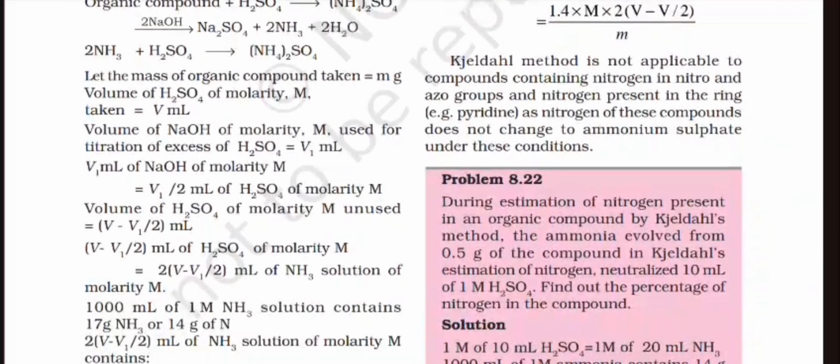V1 ml of NaOH of molarity M is equivalent to V1/2 ml of H2SO4 of molarity M. Volume of H2SO4 of molarity M used is (V - V1/2) ml. (V - V1/2) ml of H2SO4 of molarity M is equal to 2(V - V1/2) ml of NH3 solution of molarity M.